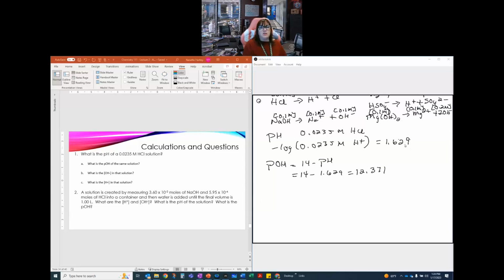And again, 3 decimal places there, because we assume that the 14 is 14 with as many sig figs as we need. So we're going to define how many decimal places we have based on the 1.629. Okay, so that's my pOH.